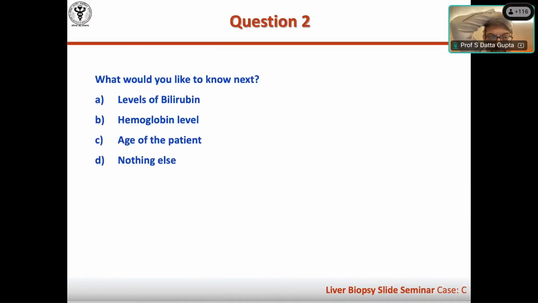Inflammatory cells, levels of bilirubin, hemoglobin, age of patient, nothing else. Anybody? They're saying age of the patient. Why? Anybody can say why? Because someone has written presence of NRBCs are noted.